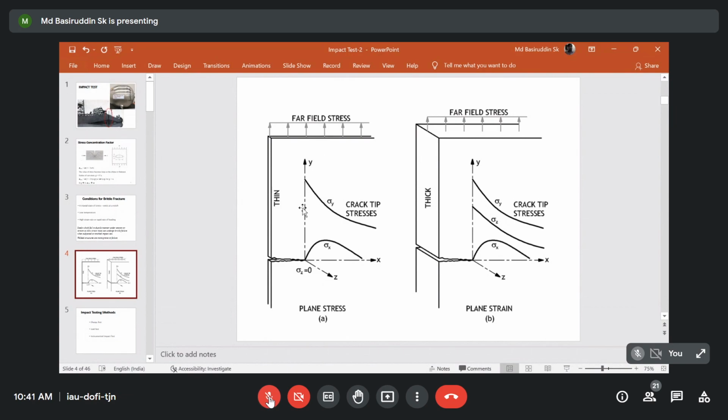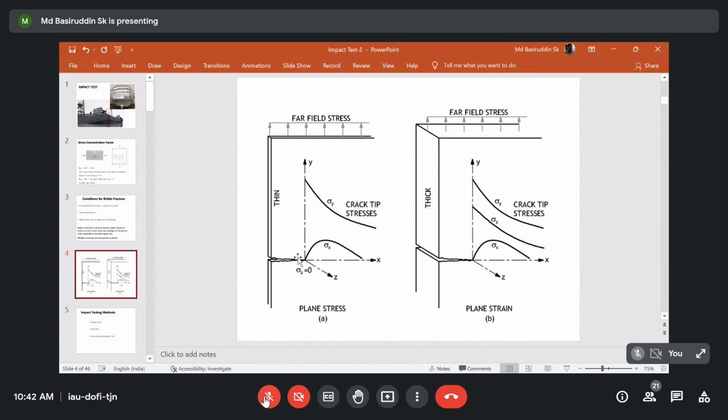But due to the stress concentration factor, your 400 MPa load will increase to a value which is well above the yield strength value. Here I am talking about the sigma y values.